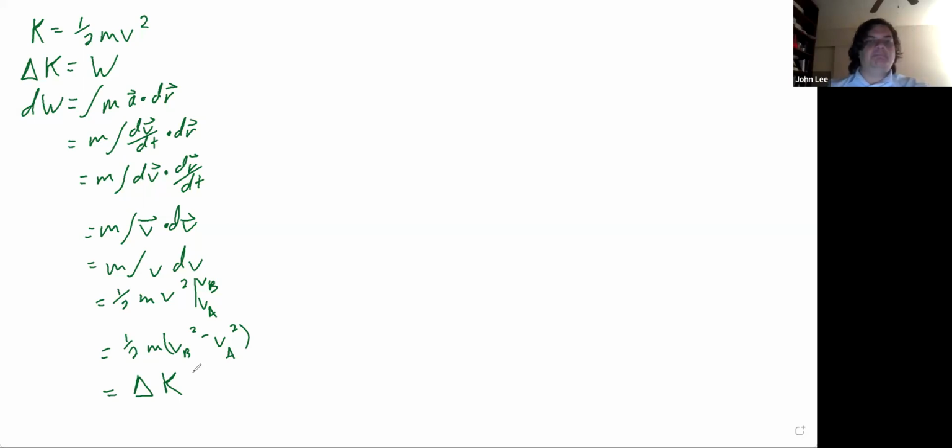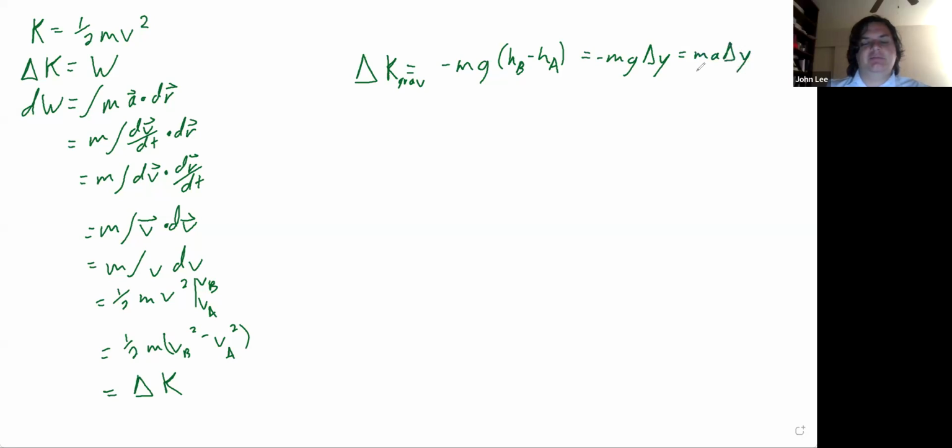So if we're talking about the work done by gravity, so delta K gravity is equal to negative mg (h_b minus h_a), which is equal to negative mg delta y, which is equal to m times the acceleration times delta y, right?